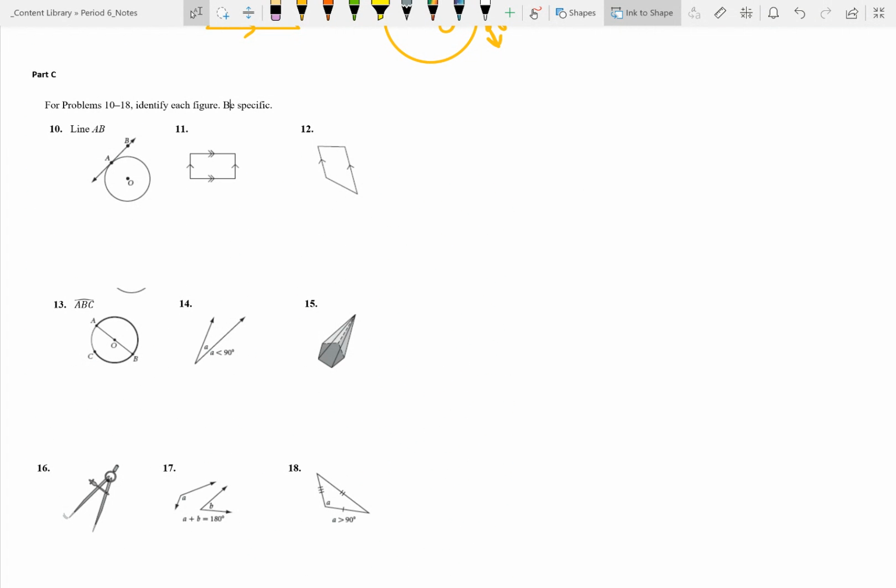Next, we're going to go ahead and identify each figure. So I have line AB. This is a tangent line. This has 2 sets of opposite parallel sides. That would be a parallelogram. And this has 1 set of opposite parallel sides. That would be a trapezoid.